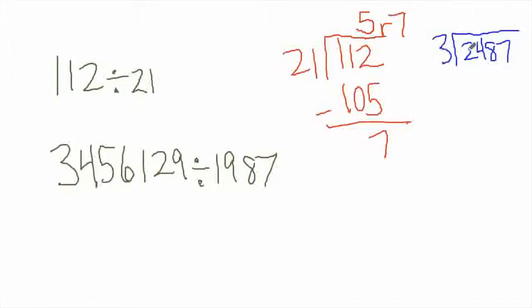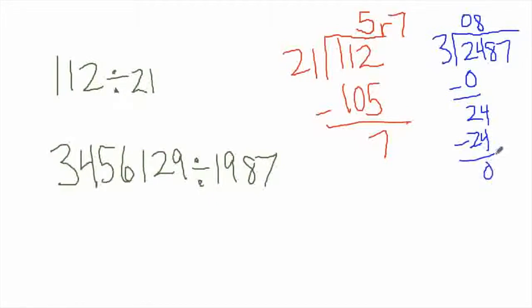So 3 goes into 2 0 times, so you still have 2 left over when you subtract the 0. Then you can bring down the 4, and now you ask yourself, how many times does 3 go into 24? Well, it goes in 8 times.